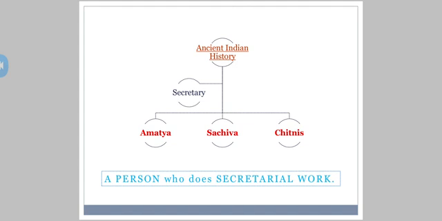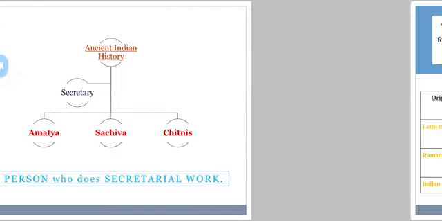All these three words mean one and the same, that is secretary, a person who is doing secretarial work. Further we are going to see what these works are. We are going to study in the chapter now.